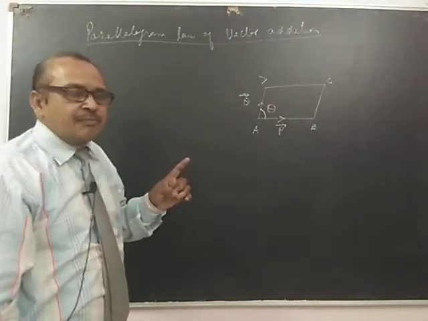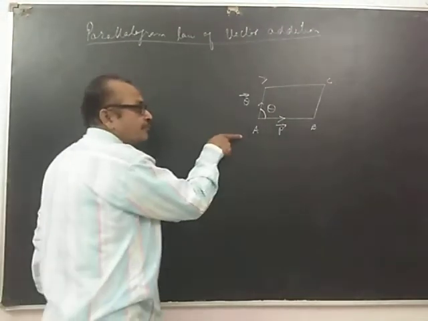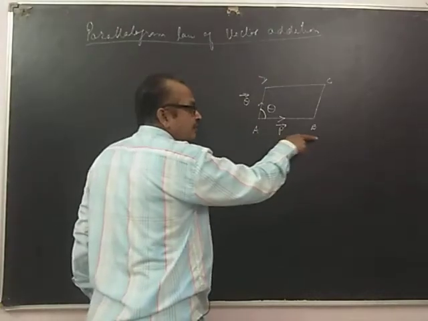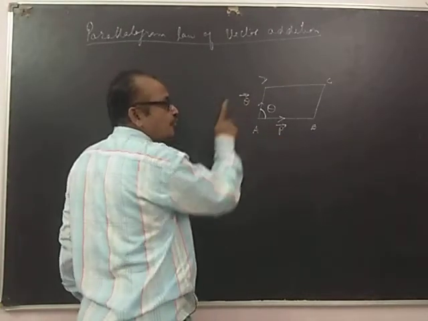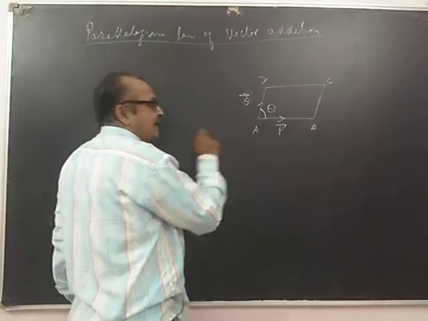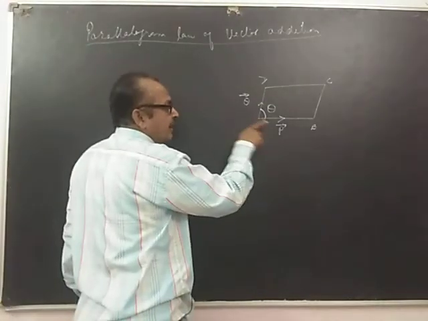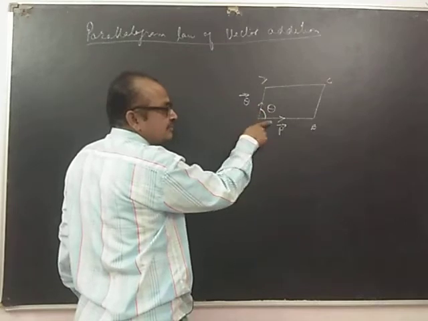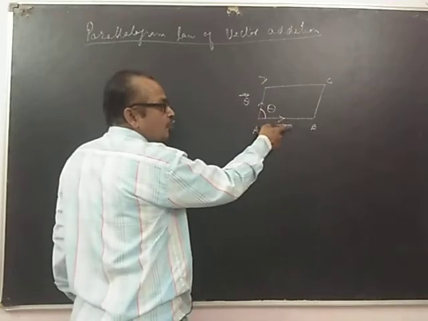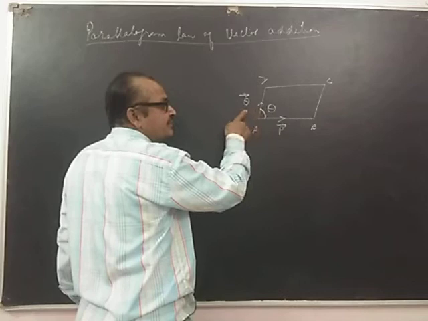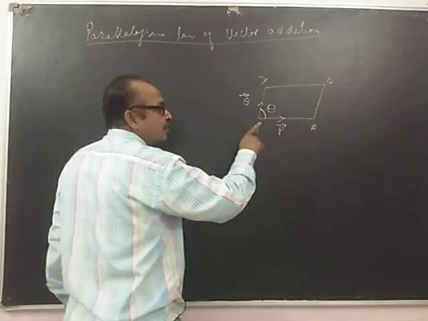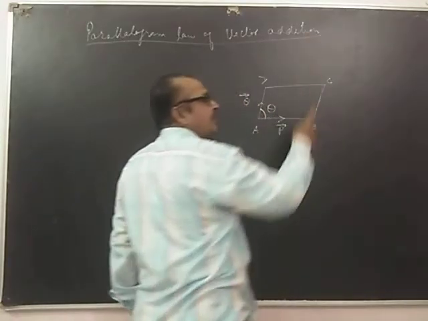It means, what I am saying is, if two vectors P and Q are represented in magnitude and direction by the two adjacent sides, this is called the adjacent side.